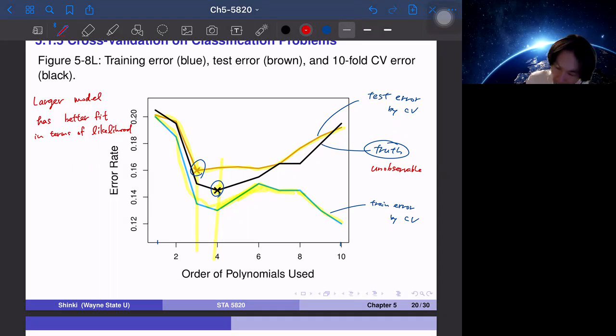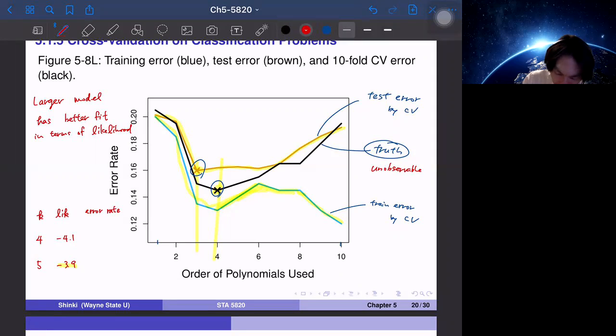Suppose k is equal to 4 and 5. Maybe k equal to 4 has a higher likelihood, say negative 4.1, and here the likelihood is negative 3.9, so the likelihood is better here. But the error rate is a different issue.